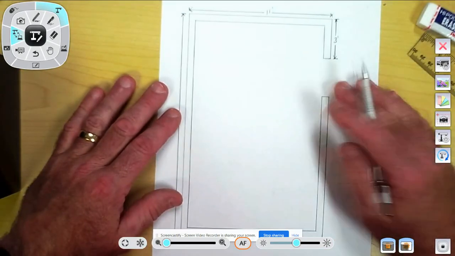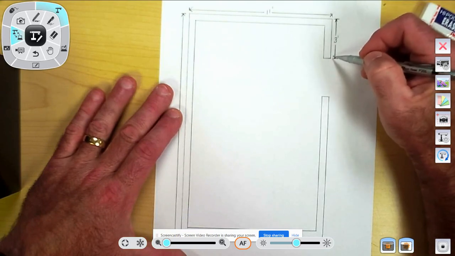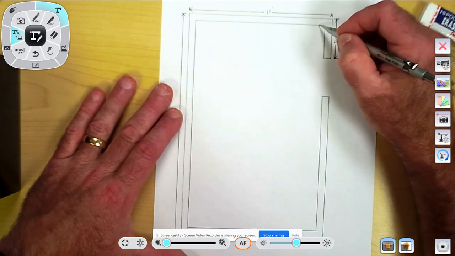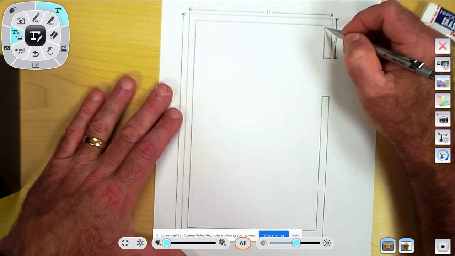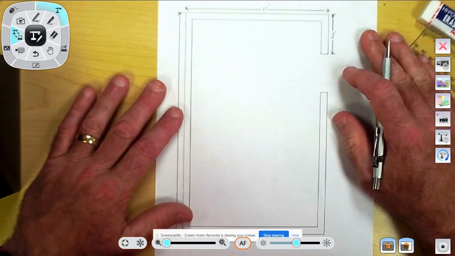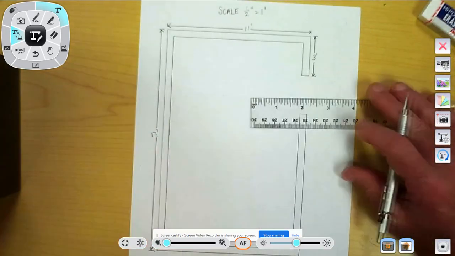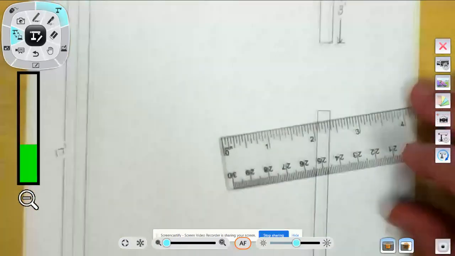If we really wanted to, we could do the dimensions here. If this is 3 foot from outside to outside, and this is 6 inches thick, that means we've got 2 feet 6 inches left in here on the interior. But we don't really need to put that in there because all the math is already here. If we really want to do something, let me zoom in here.